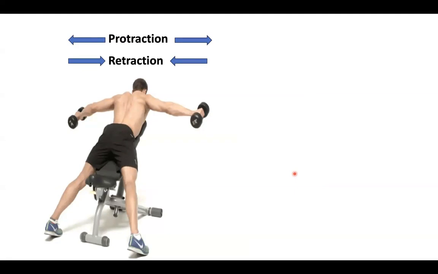Normally, protraction is moving anteriorly and retraction is moving posteriorly. But in case of the scapula, moving towards the vertebral column is retraction, and moving the scapula away from the vertebral column is protraction. So serratus anterior moves the scapula away from the vertebral column.